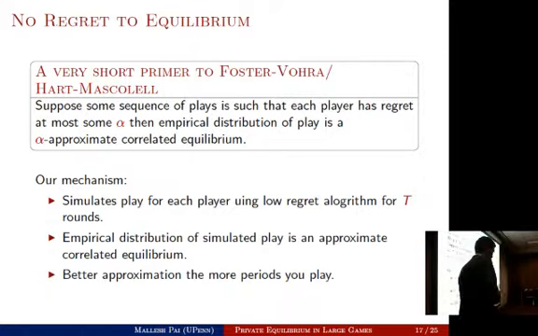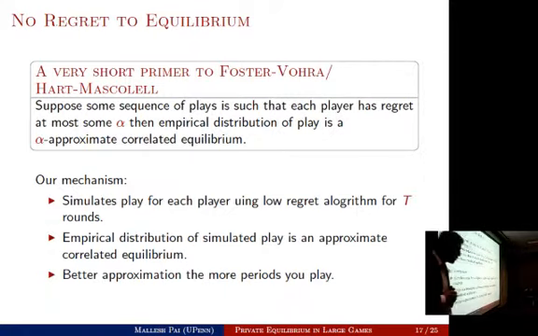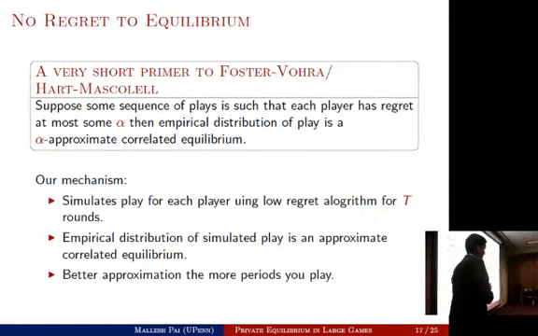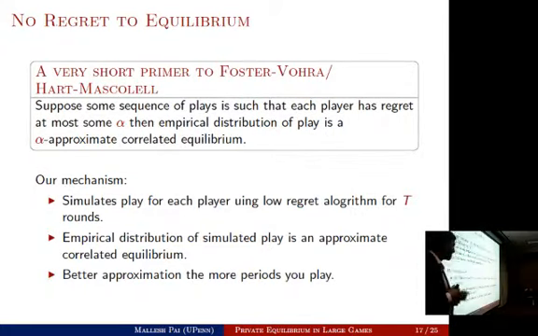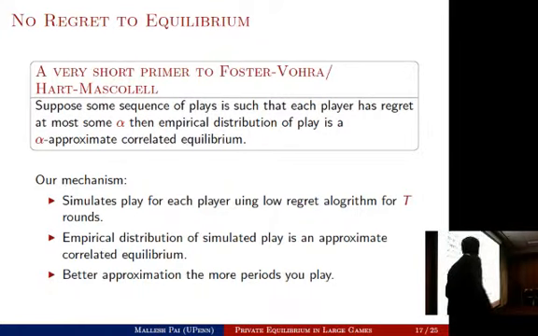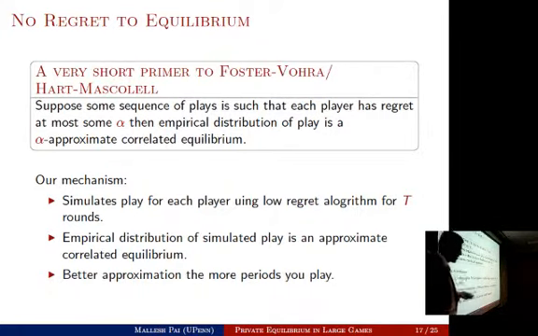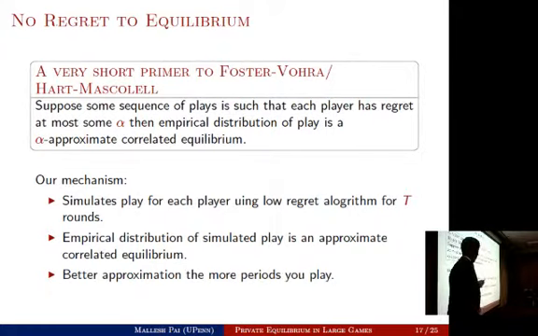Take everyone's utility vector, run the low regret algorithm for them, with the input loss being what everyone else is doing. Given the guarantees, you get a 1 over square root t approximation, holding the number of actions fixed. Therefore, you get a better approximation of a correlated equilibrium the more periods you internally simulate.